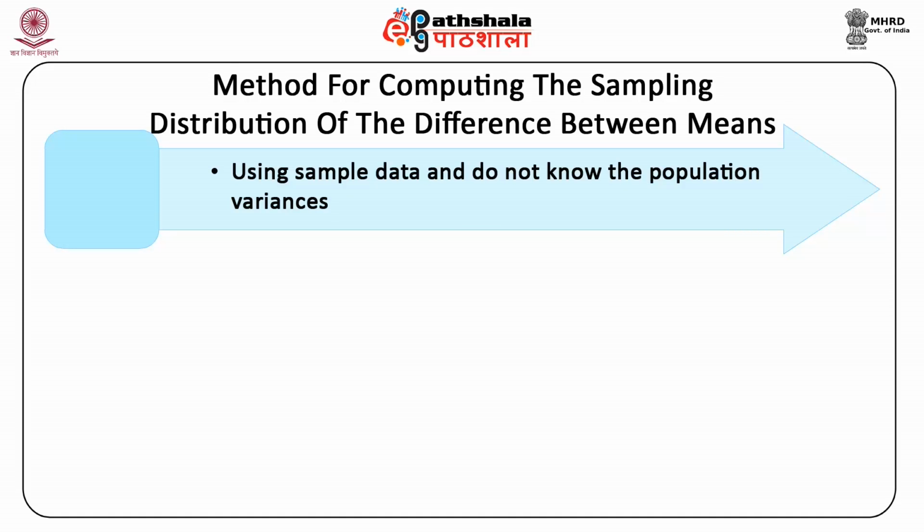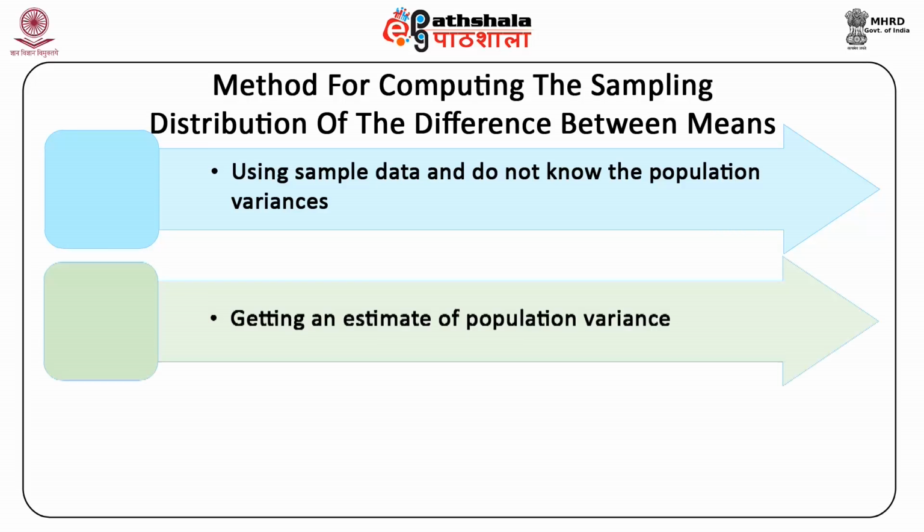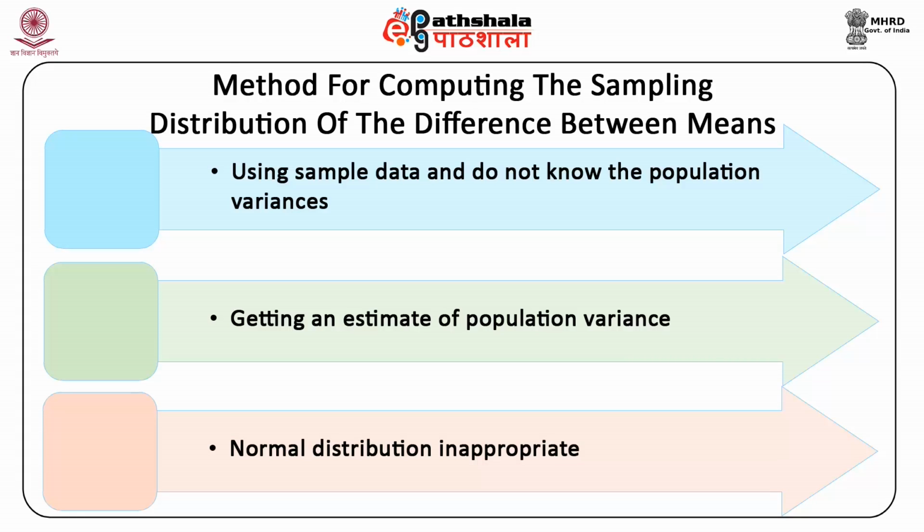When we use sample variances instead, we end up getting an estimate of the population variance, not its true value. This situation automatically makes the normal distribution inappropriate for testing purposes. Secondly, this estimate can be obtained through two different assumptions.